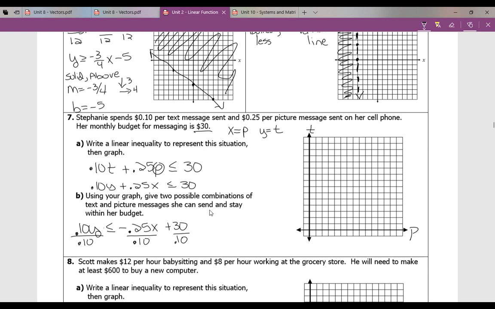We divided by a positive, so our symbol is not going to change. When I take 0.25 negative and divide it by 0.10, I get negative 2.5x. And when I take 30 and divide it by 0.10, I get 300.